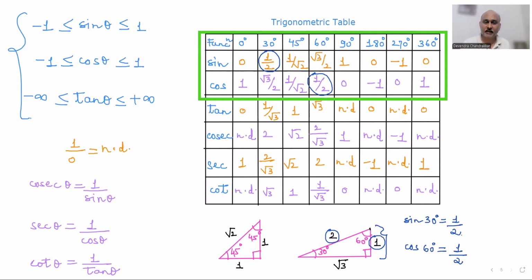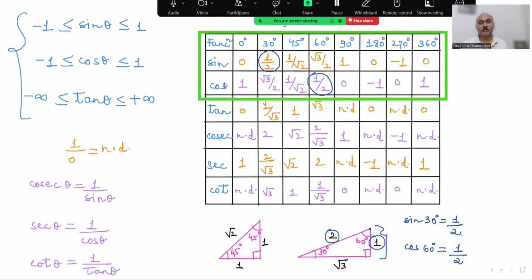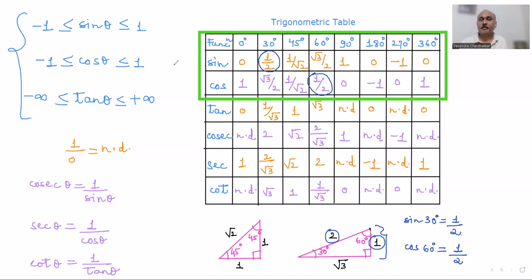Viraj says, I am not able to get the third one's answer. Okay Viraj, you didn't understand the third one? It was not the third one, it was the fourth. Sir, I got it when you made us understand, so it's fine now. It's clear. Good. Okay, I just read your message. Did you understand the table, Viraj?